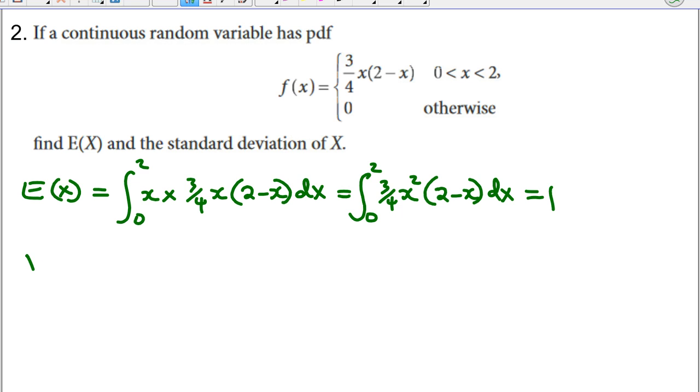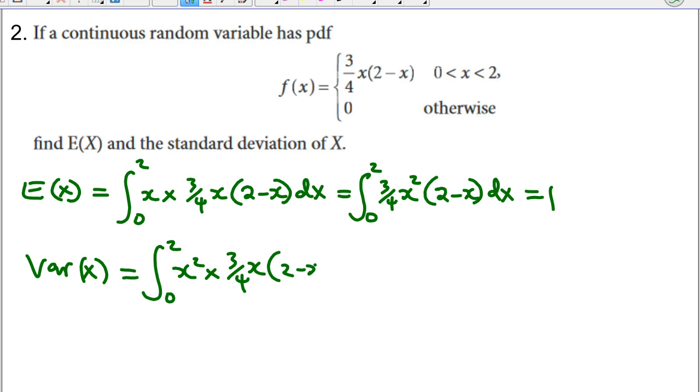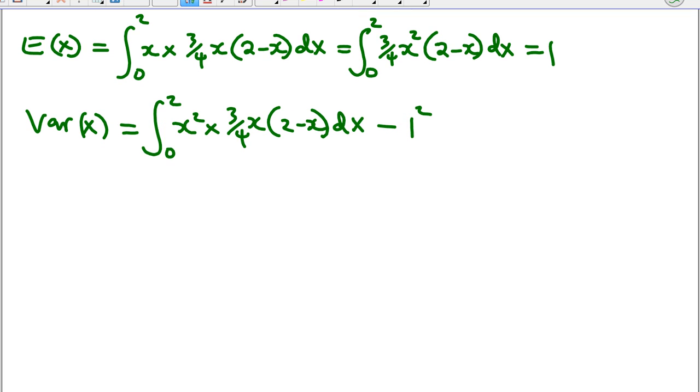The variance, that will be using the formula in your formula booklet. So x squared multiplied by 3 over 4 x into 2 minus x dx, and by the way, this is minus expected value squared, so minus 1 squared. Don't forget that.